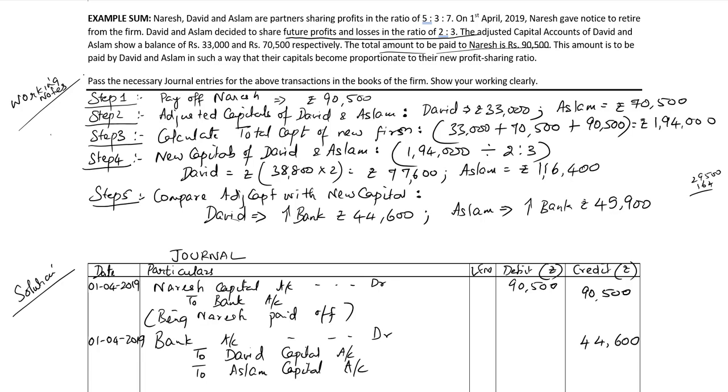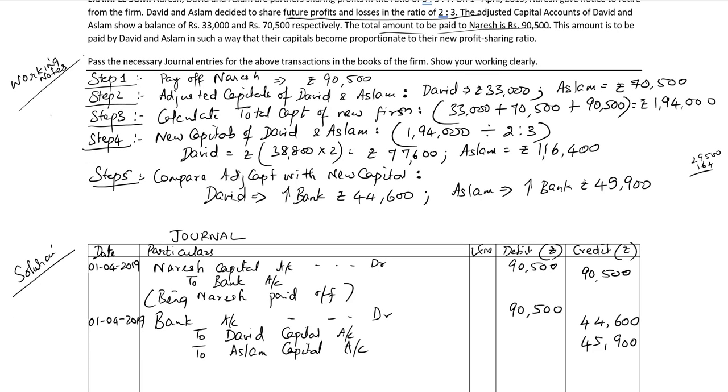And the amount which is brought in by Aslam is 45,900 rupees. The total amount brought in by both of them is 90,500 rupees. Narration being cash brought in by David and Aslam. So these are the two journal entries, the answer to this example sum.